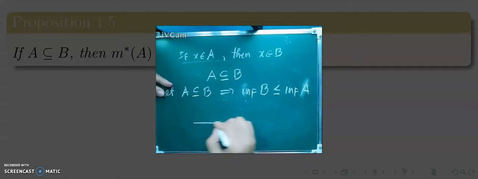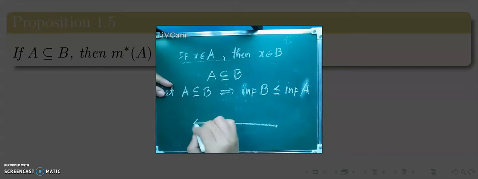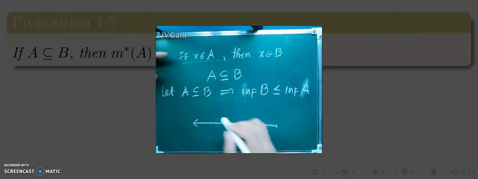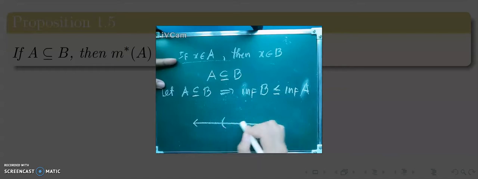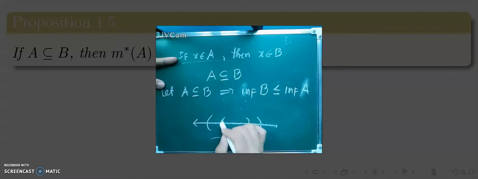Let's consider the real number line. Since A is smaller, and say we have here set B, the bigger set, the infimum of A is somewhere here. This is the infimum of A. And the infimum of B is somewhere here.